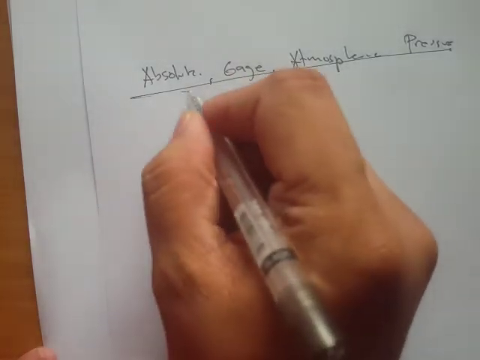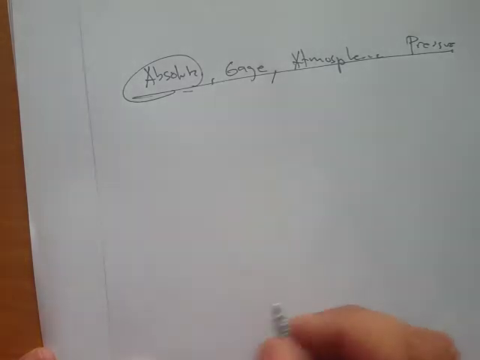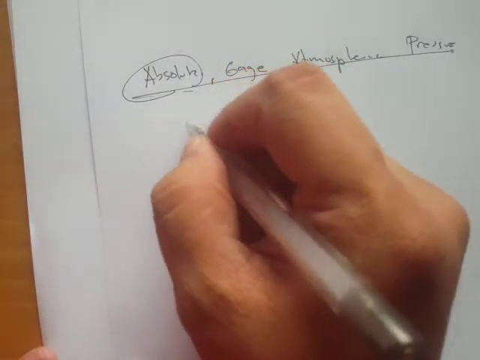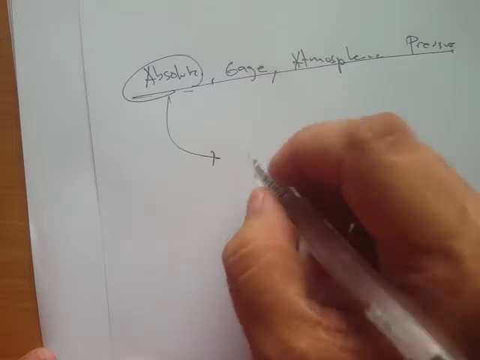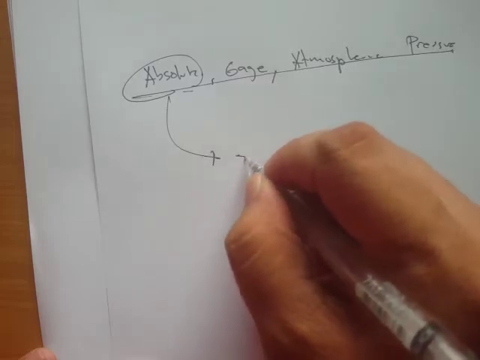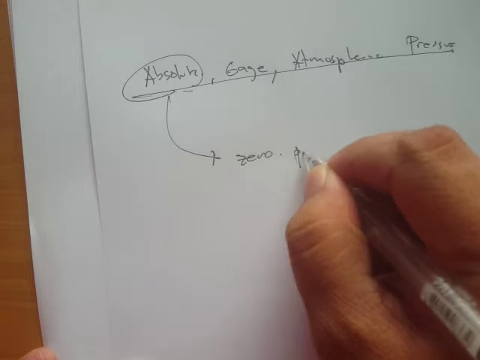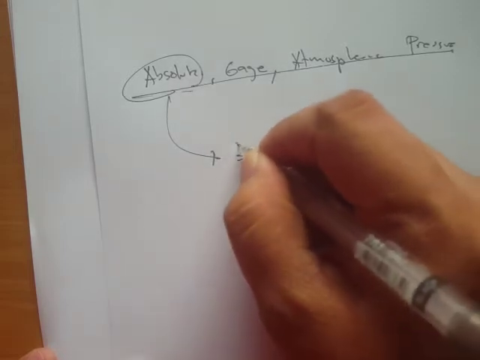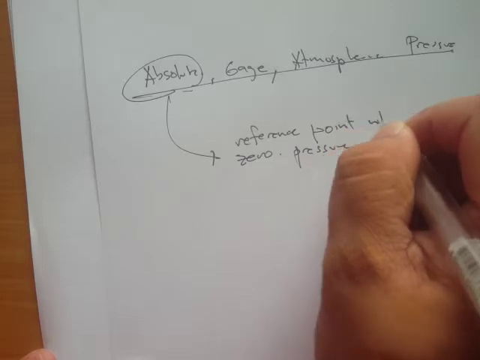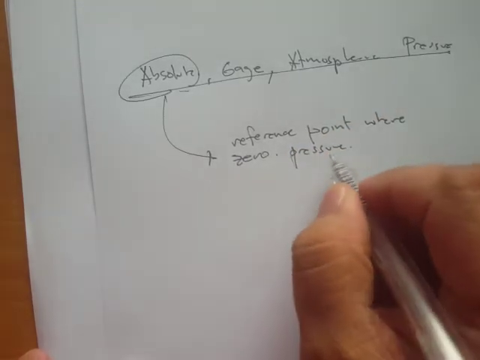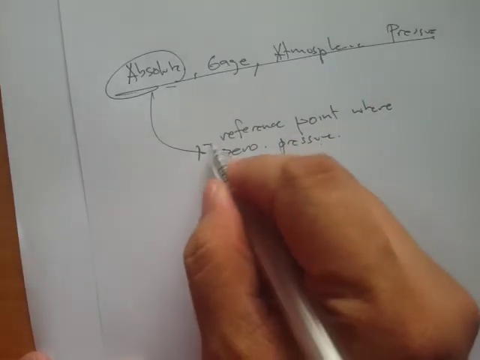Okay, so we have this absolute pressure. When we say absolute pressure, we mean that the pressure there is zero. So zero pressure, and it's a reference point where pressure is zero.